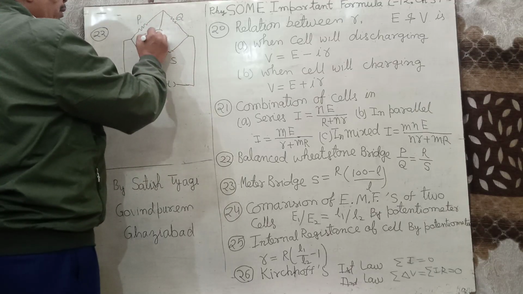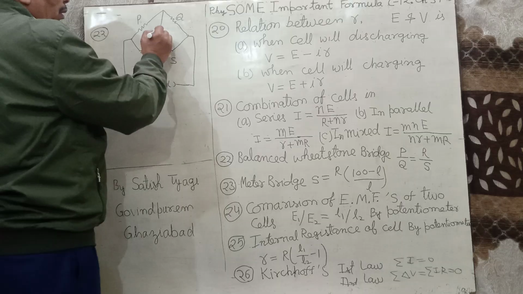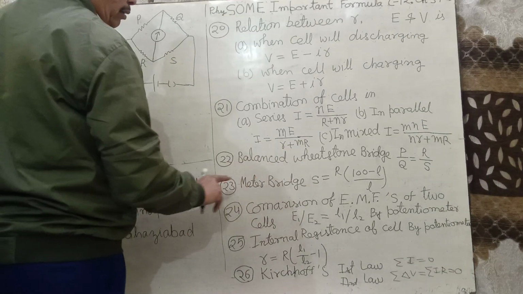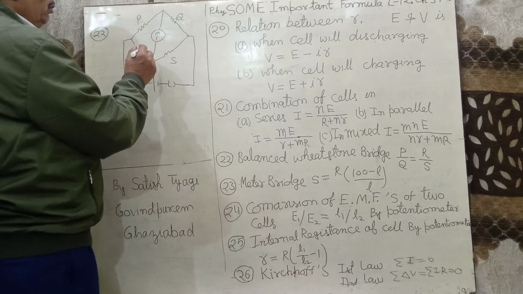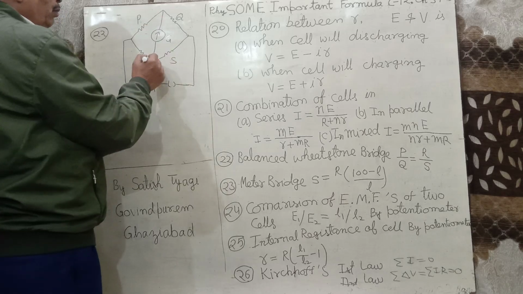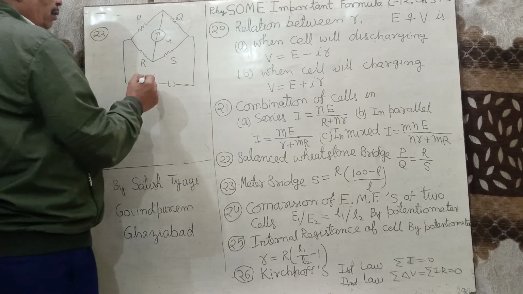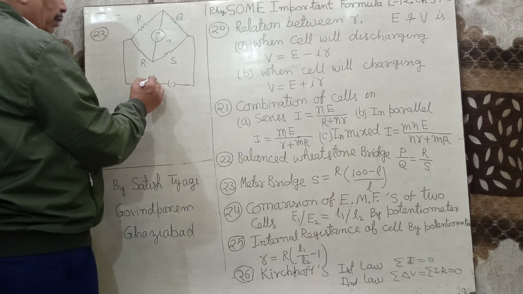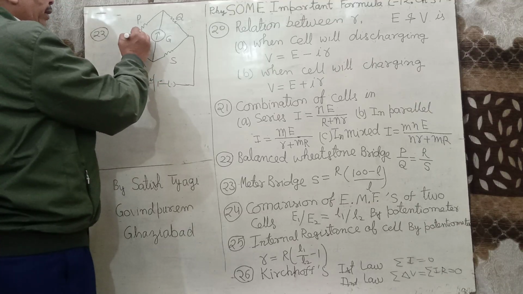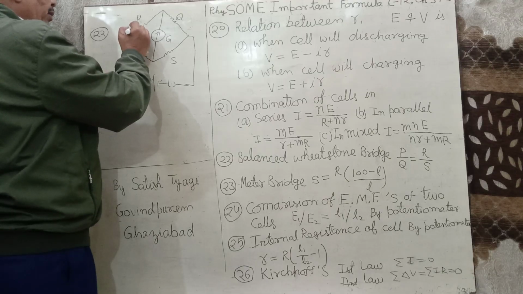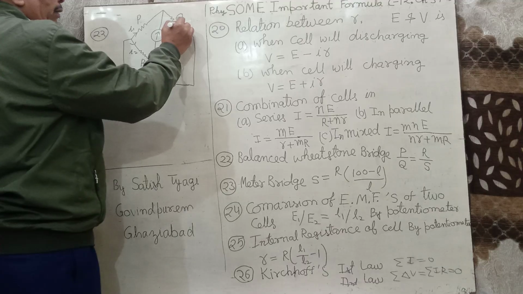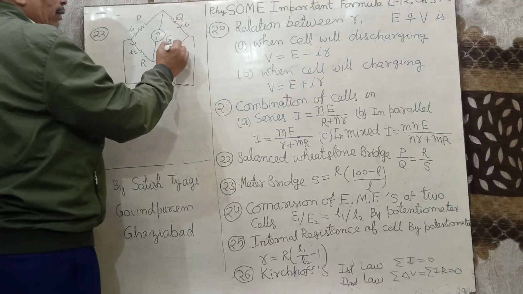This is the galvanometer. In a balanced Wheatstone bridge, no current flows in this diagonal. The currents are I1 and I2, here I1 and here I2.